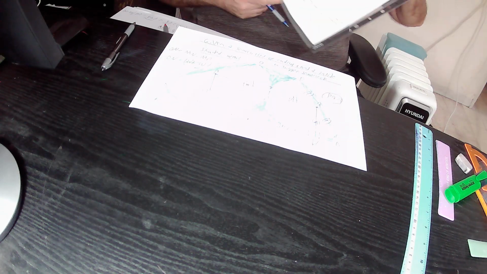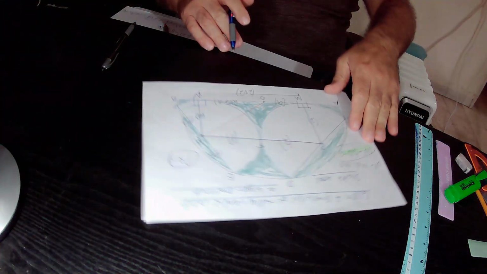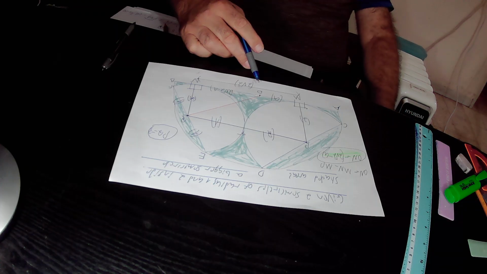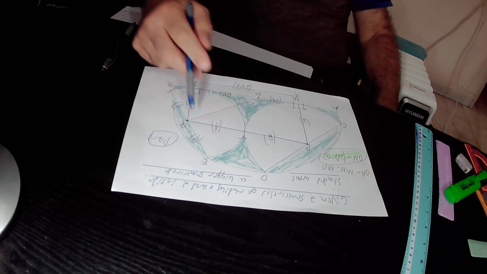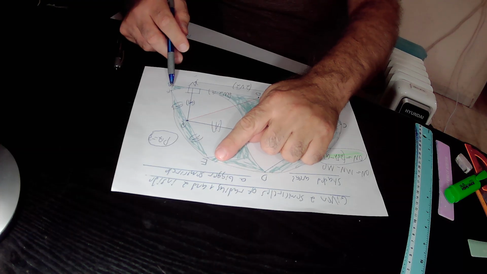Why in our drawing? From the center of the biggest semicircle, that is point O, we draw a line segment OQ that bisects chord EF. Why? Because EF in total equals 2, and OQ bisects chord EF into 2 halves.